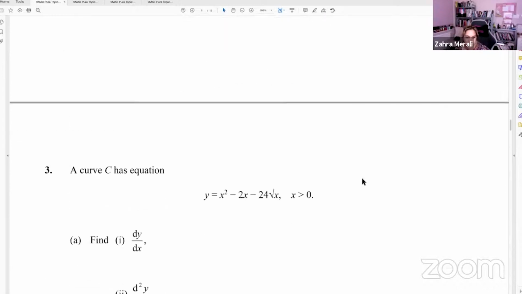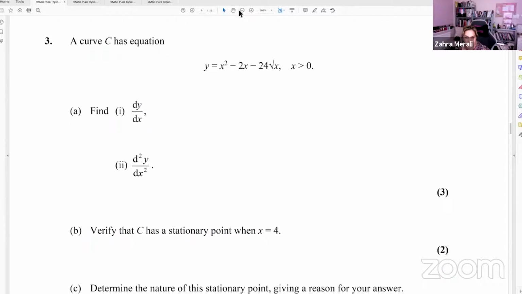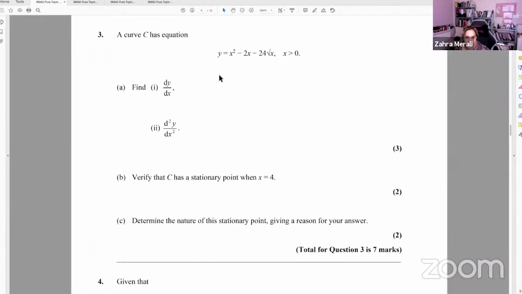Okay, so question 3. All right, so this is very similar to the first question. We've got to differentiate twice and then determine the nature. So first of all, before I start, I'm going to rewrite this equation in index form. So when I do that, I get y equals x squared minus 2x minus 24, and it's root x, that's x to the power of a half.